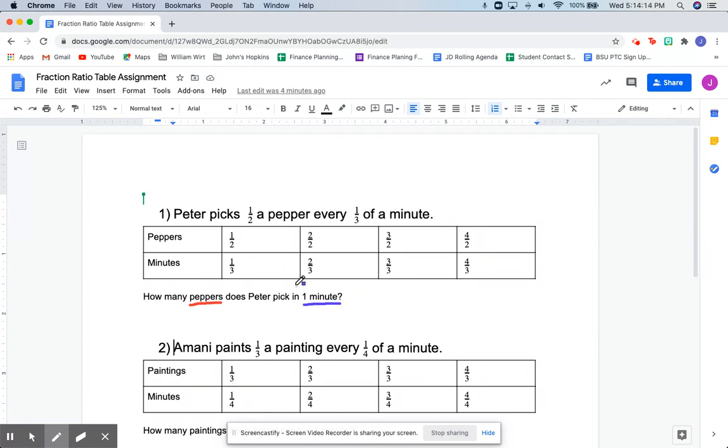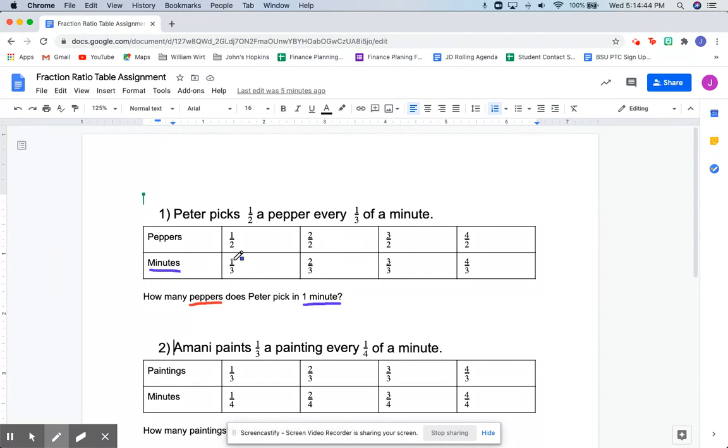Okay, so let's look at what we have here. We want an answer that has peppers in it. And we know we're looking for the time when Peter is picking 1 minute. So what we're going to do is we look at the minutes row, and we want to figure out which fraction equals 1 minute, because that's how long we want to know for this question.